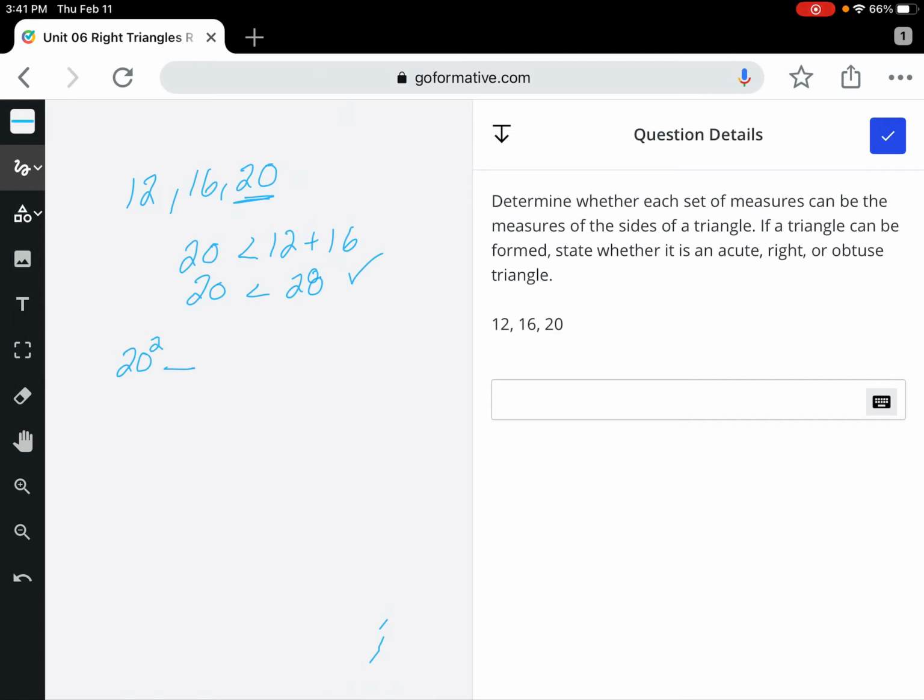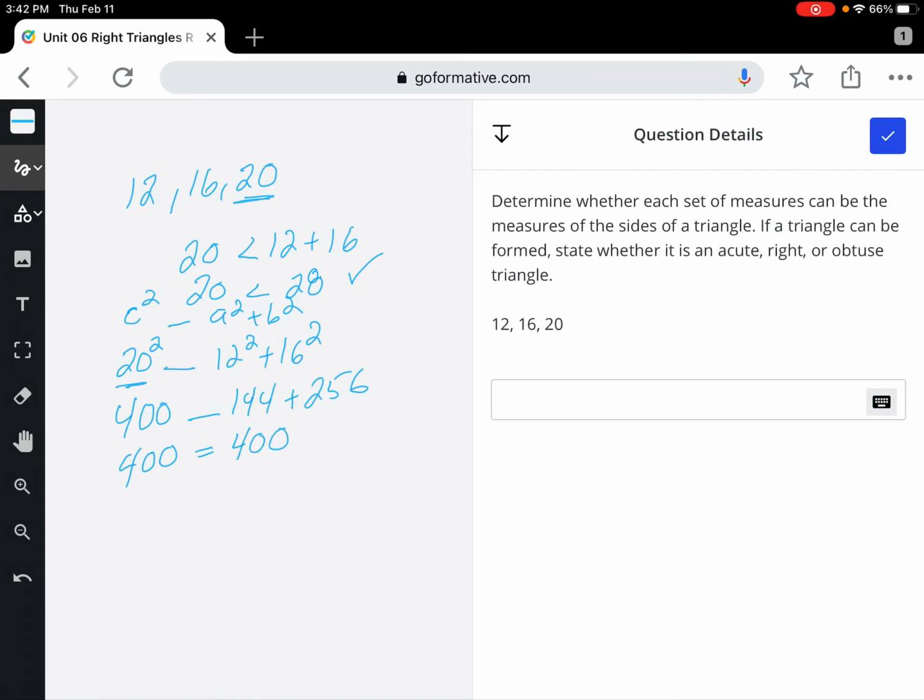Now I set up Pythagorean theorem. Always make sure that you have your C squared and then you have your A squared plus B squared. Just make sure that your longest side is what you substitute in for C. So this is going to be 12 squared plus 16 squared. 12 squared is 144, and 16 squared is 256.